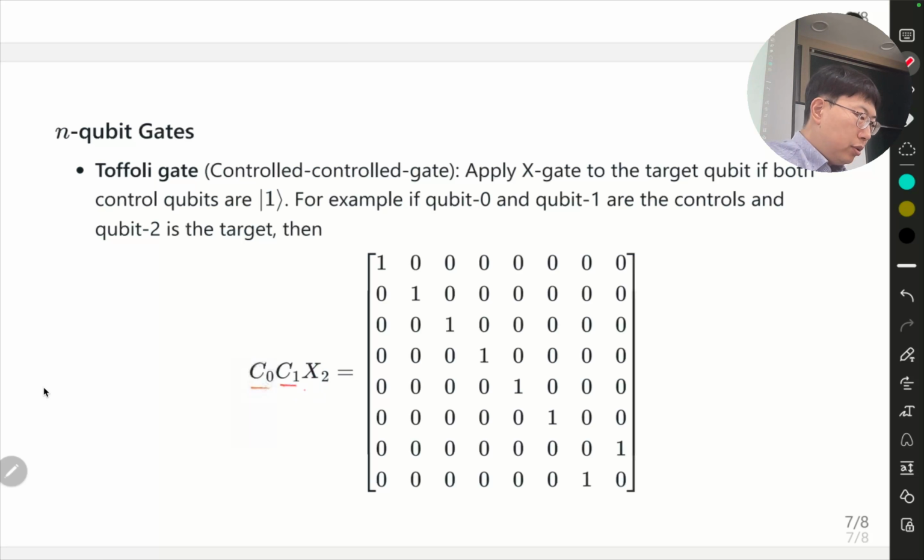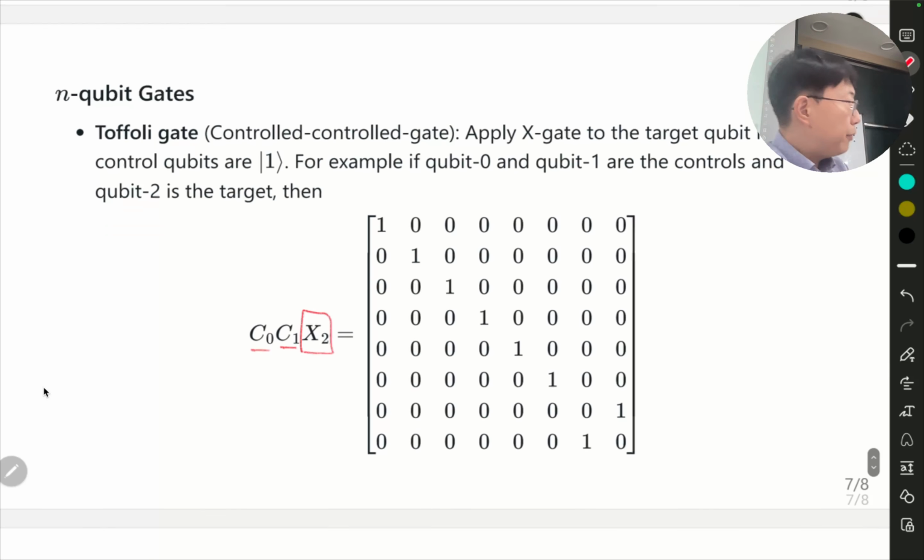And X2 means that qubit 2 is the target qubit. So we apply X only when qubit 0 and qubit 1 are in the state ket 1. So if either of these two controlled qubits is in the state of ket 0, we don't apply X gate. Okay?